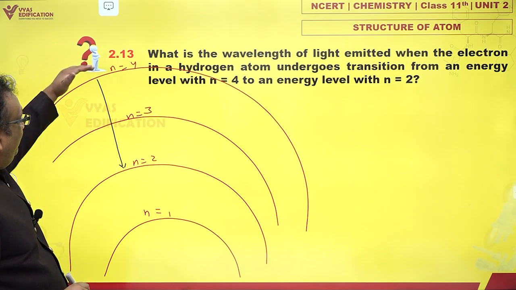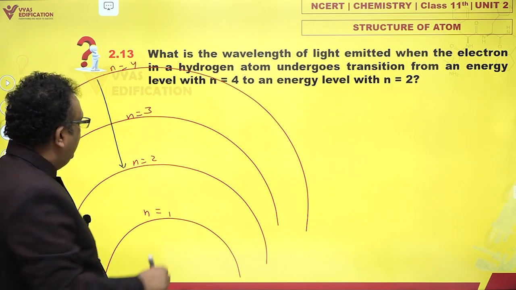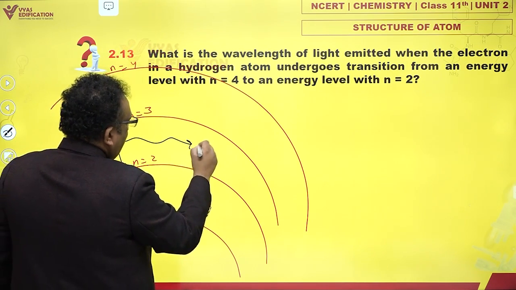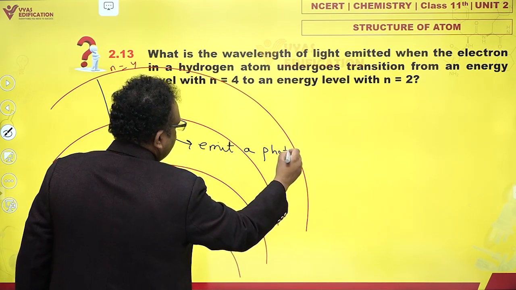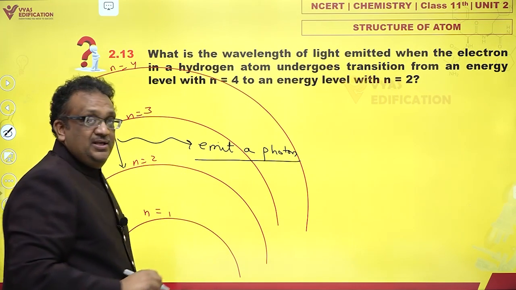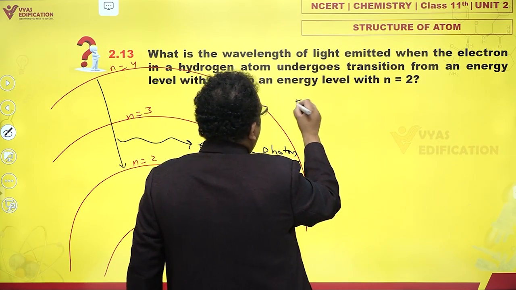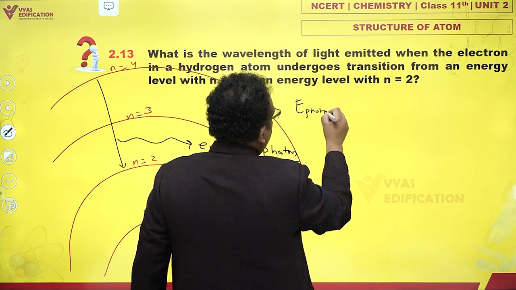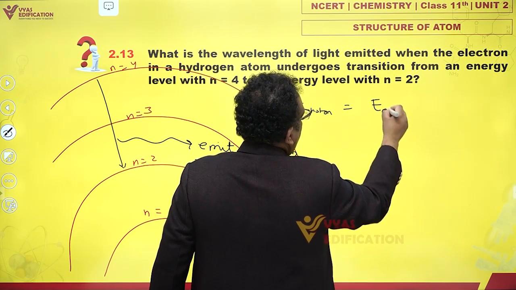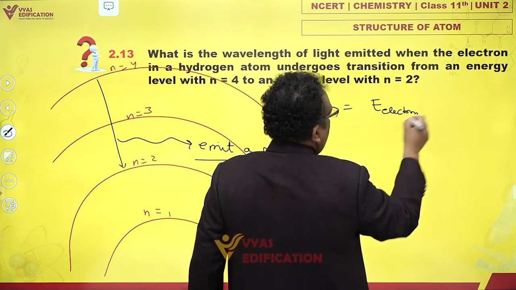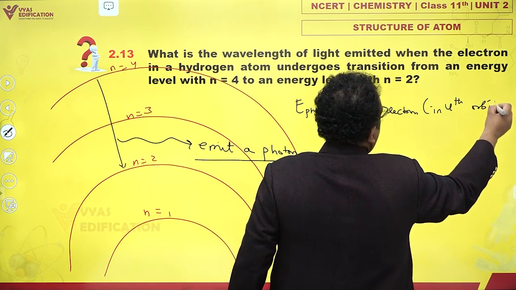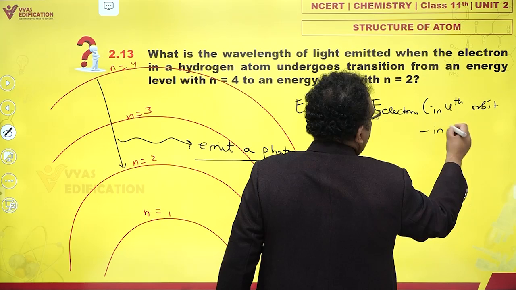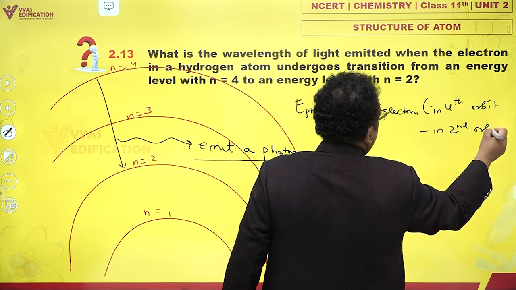Now, when they jump from higher orbit to lower orbit, they emit a photon. And this energy of photon is the energy of electron in the 4th orbit minus the energy of electron in the 2nd orbit.